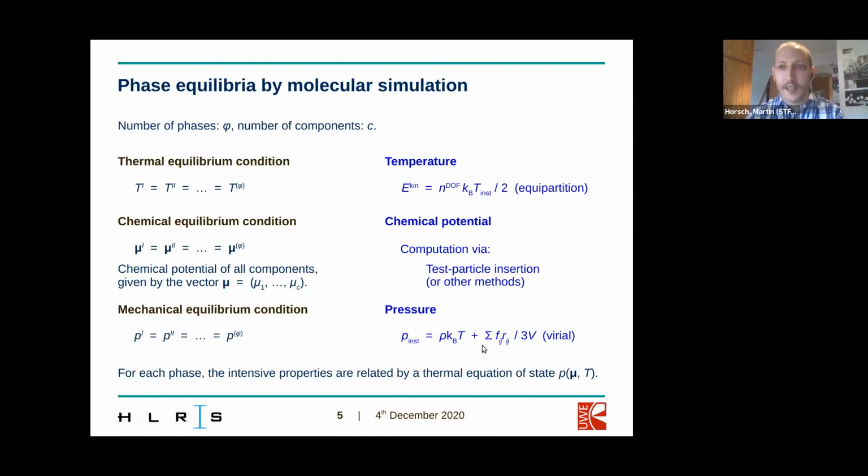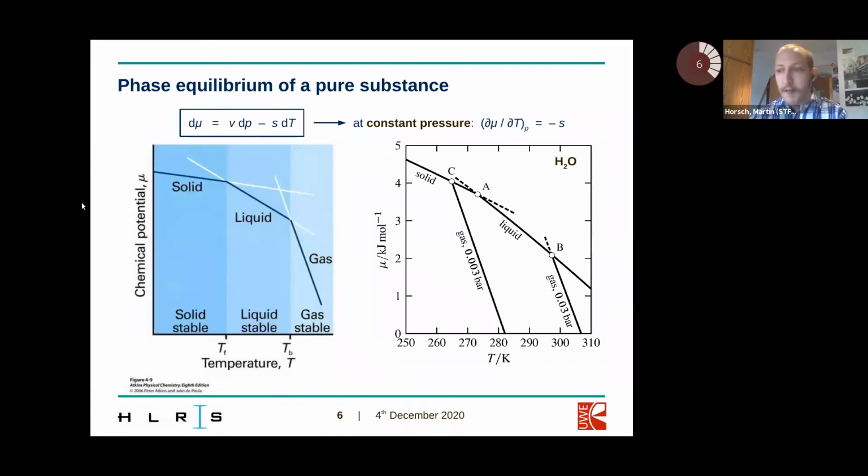So this is also something that can be straightforwardly determined. So if we have these quantities, or consider them, how do they lead us to finding the actual phase equilibrium state?